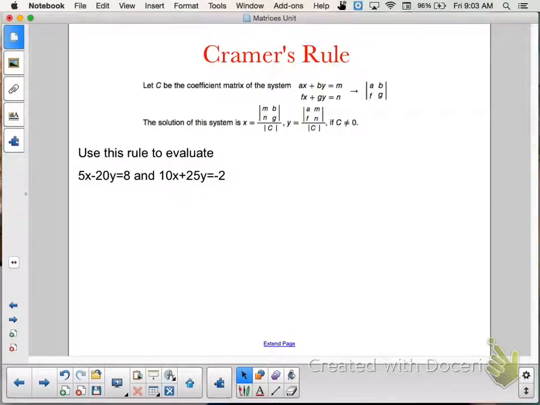So this is what you can look at on the page in your book that I told you to turn to. At the very top is all of this information. So basically we're talking about a coefficient matrix or a coefficient determinant.